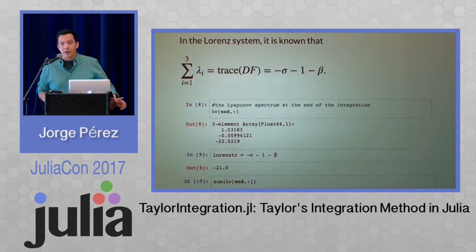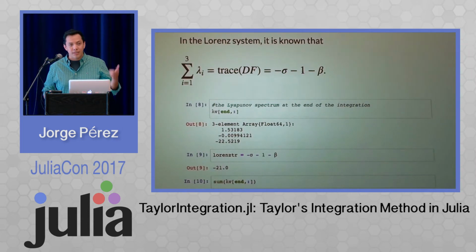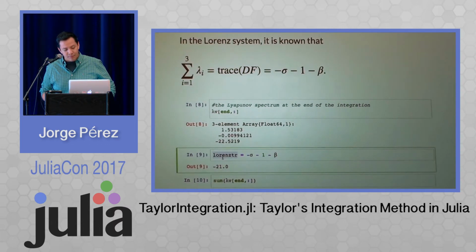We know that for the Lorenz system, the sum of the Lyapunov spectrum has to be equal to the trace of the Jacobian of the right-hand side of these equations of motion. So at the end of our integration, these are the values for the Lyapunov spectrum, and this is the exact value of the trace of the Jacobian for the Lorenz system. And this is the result we get for the sum of the Lyapunov spectrum. So it's really close to the exact value.